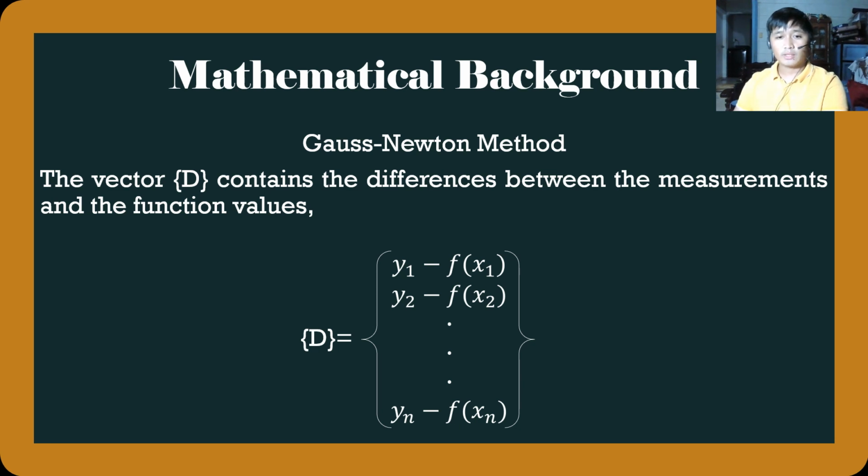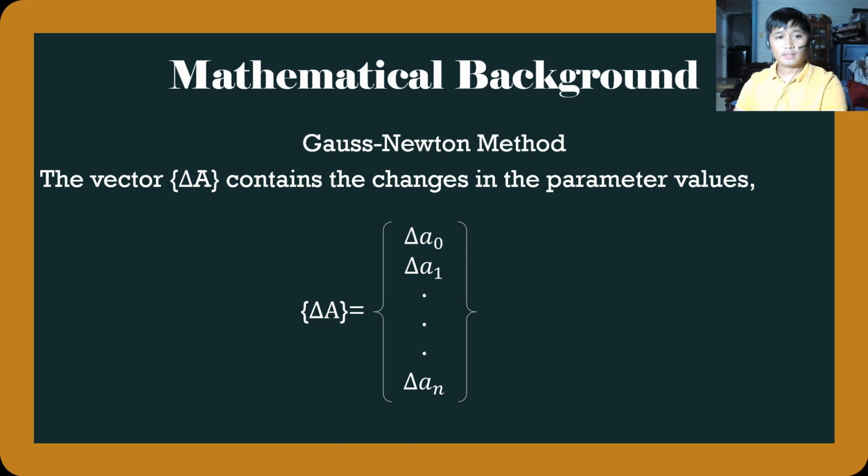Since y is the dependent variable, these are the corresponding values of y, and f of x is the corresponding value of f when x is determined. So this vector d goes up until y sub n minus f of x sub n. This determines the number of data points used.